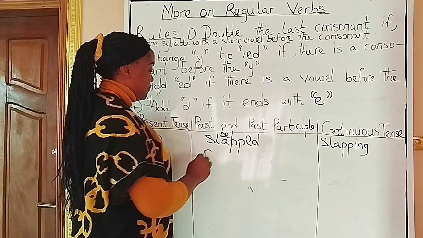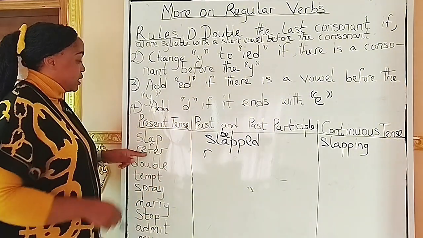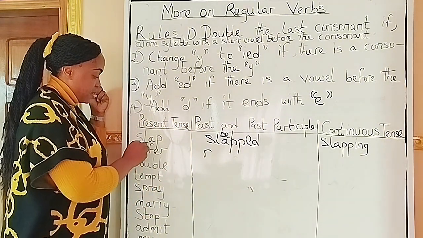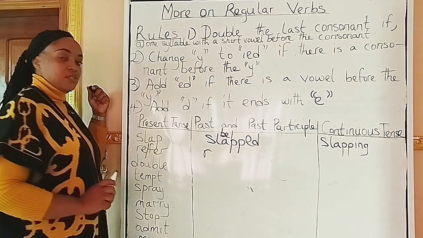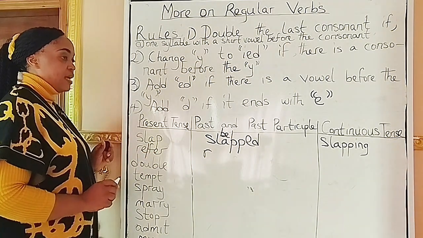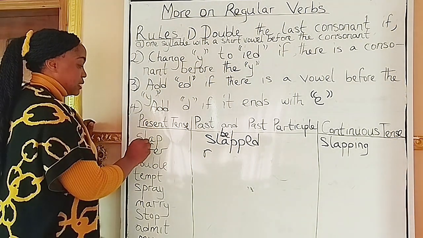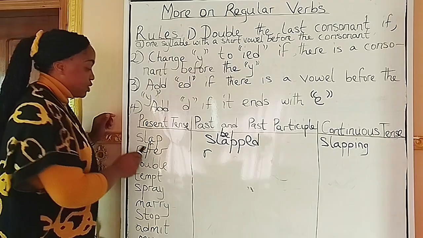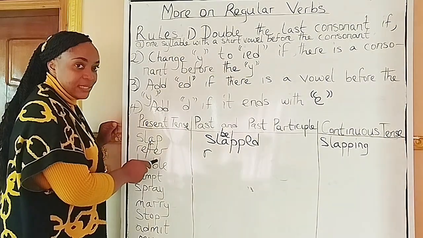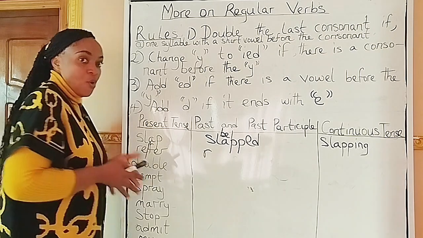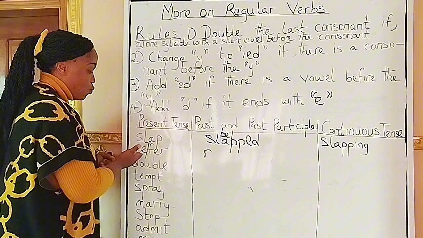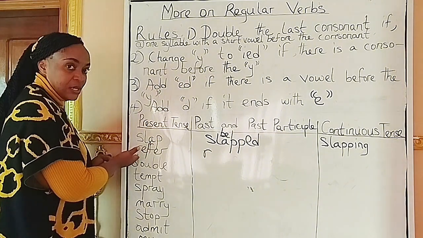Referred. Let's look here. We see that it is a two syllable verb, refer. When you look at it, you see that the stress lies on the last syllable, refer, meaning the force. Your voice went a little bit higher than when you were pronouncing the first syllable.